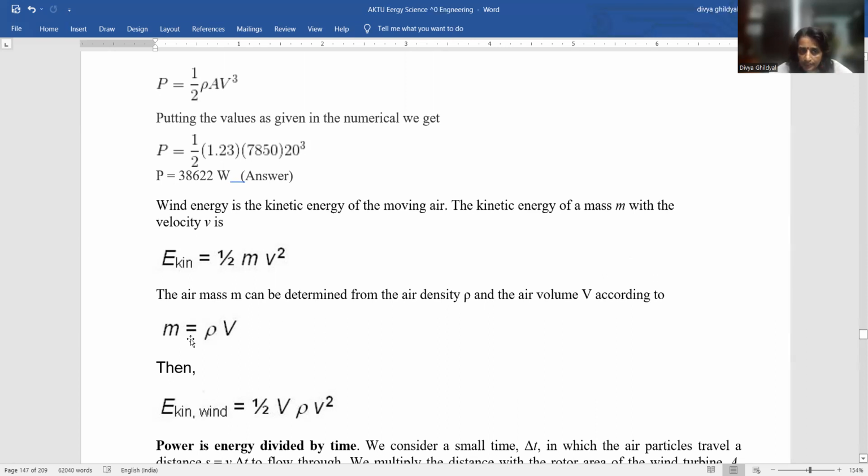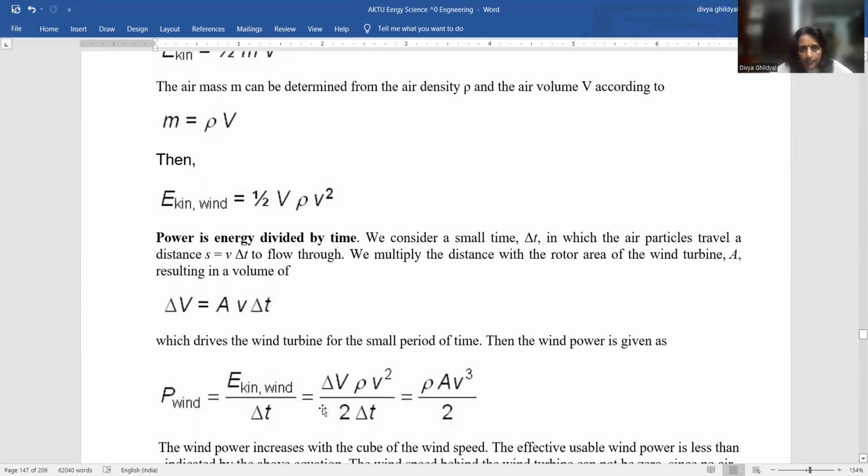So I put this expression of mass in my equation above. So it becomes E is equal to half V rho V square. Instead of mass, I'm putting density into volume.